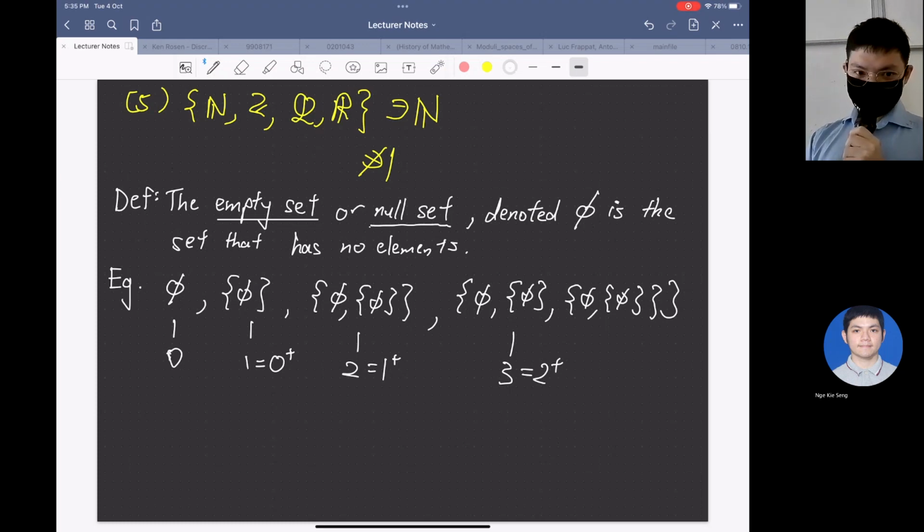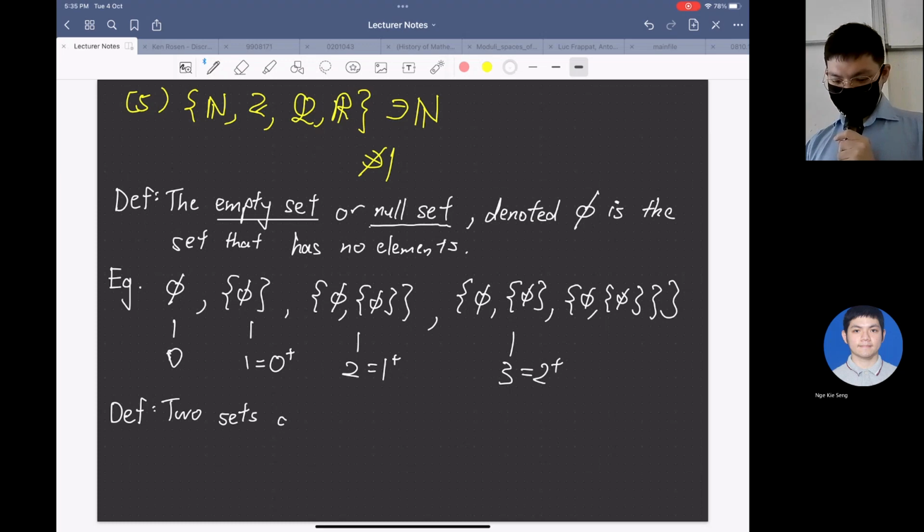It's possible. So we have so many sets in the world. We want to see when they are equal to each other. Last time we talked about logical equivalence, right? We have two propositions, and we want to know when they are equivalent.